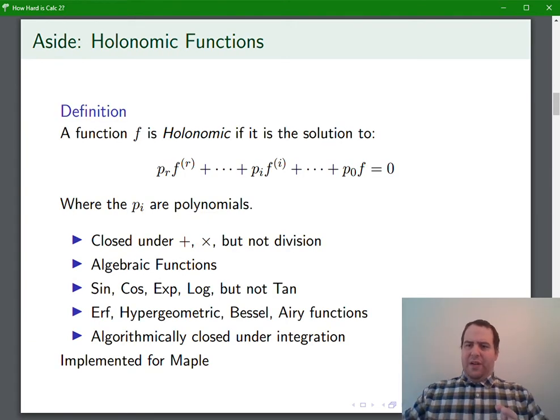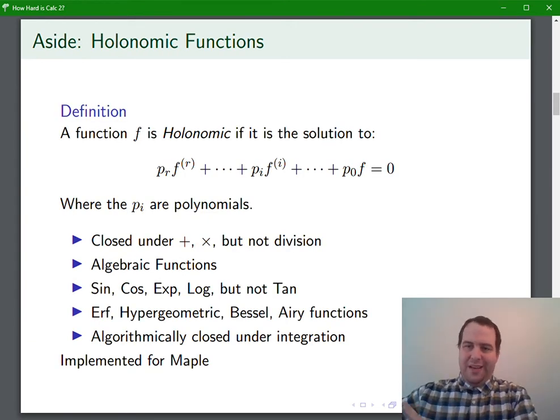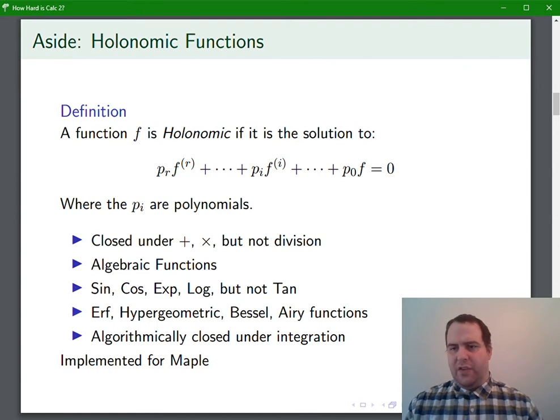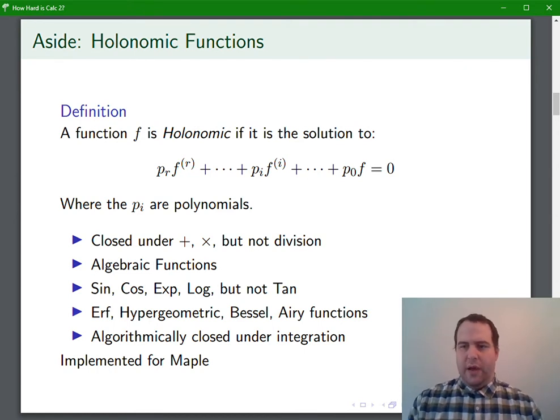I actually just want to quickly mention how computer algebra systems deal with symbolic integration. Well, some of them are proprietary and we don't actually know how they work, but computer algebra systems use a whole bunch of different strategies in order to do symbolic integration. And one of the big ones is actually using something that's called holonomic functions.